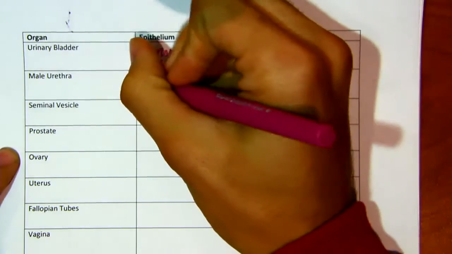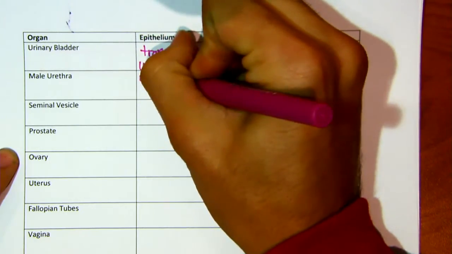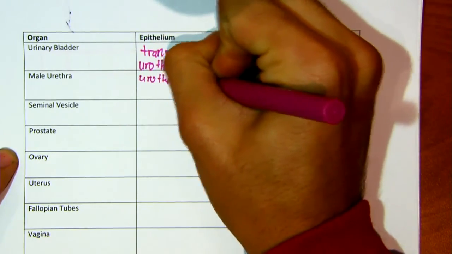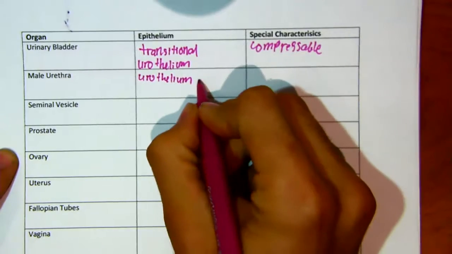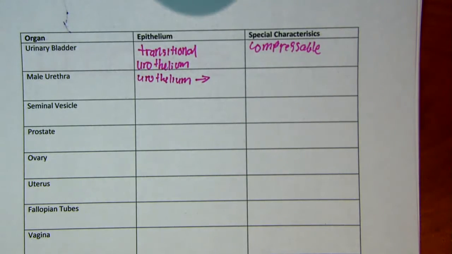Urothelium? Yeah, so we're going to start out with urothelium because we're starting closer to the urinary bladder. All right, so after urothelium, what's the next epithelial transition? So I heard stratified columnar. Does that sound right to everybody?